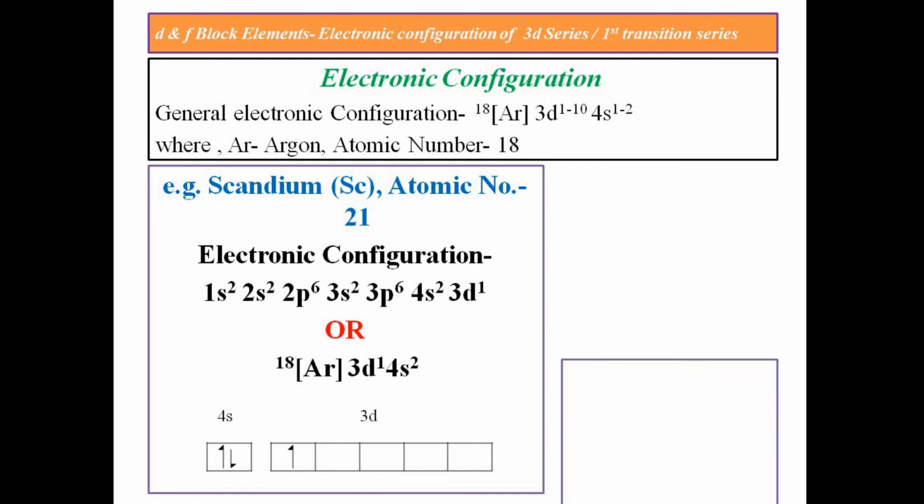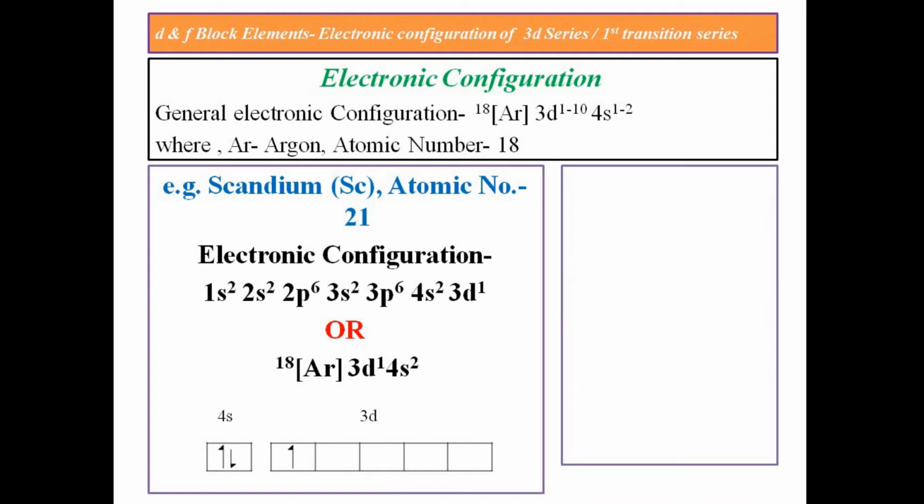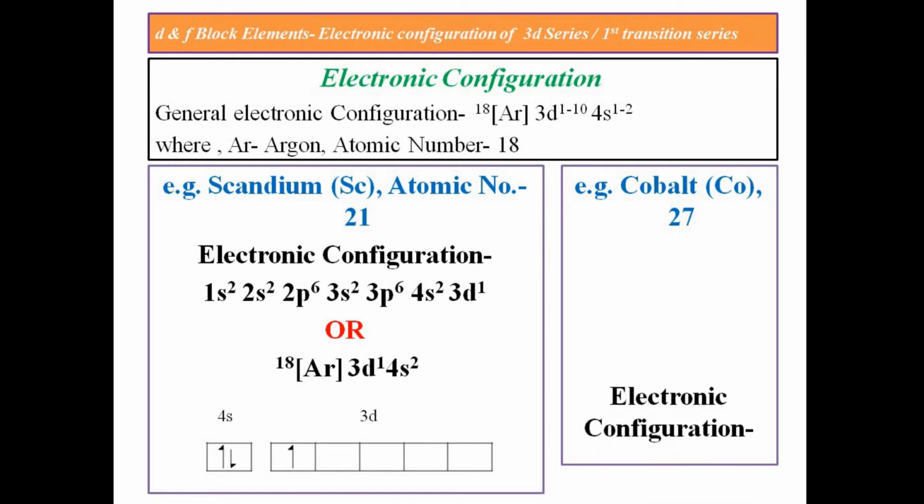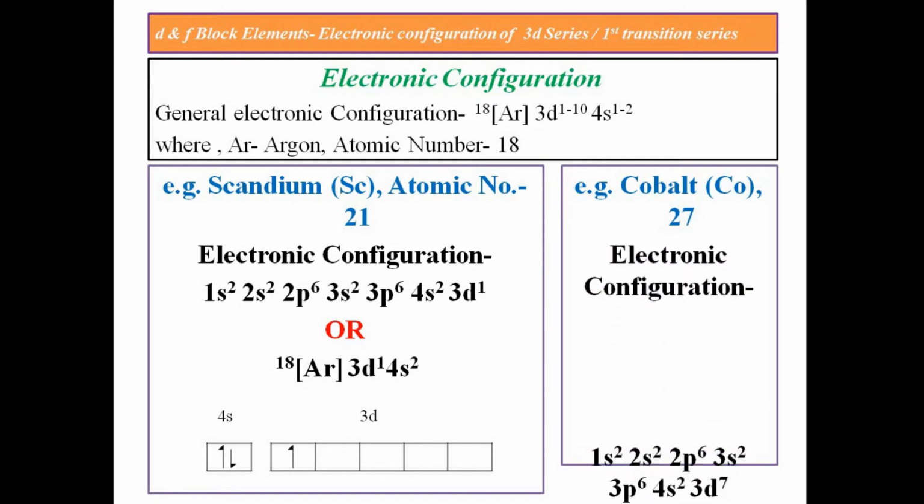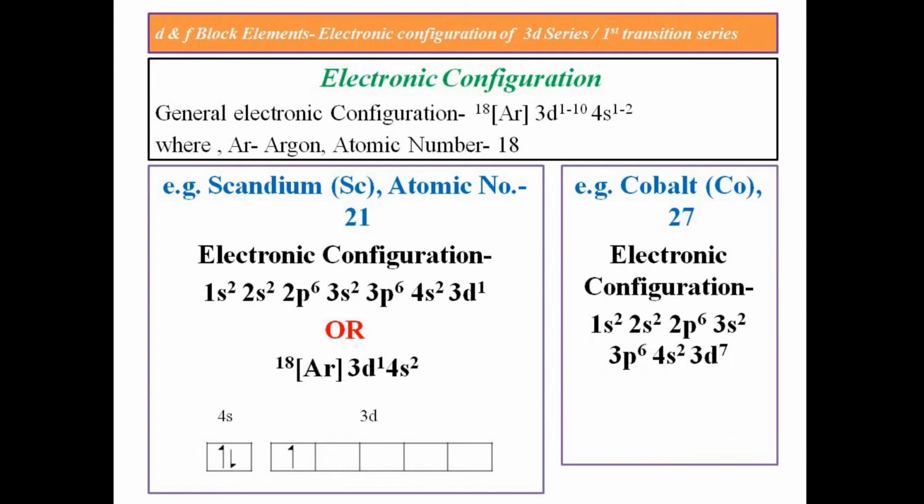Now we will discuss another example from the 3d series, that is cobalt having atomic number 27. Its electronic configuration is 1s2, 2s2, 2p6, 3s2, 3p6, 4s2, 3d7, or [Ar] 3d7 4s2.